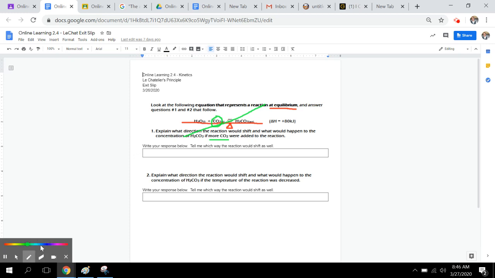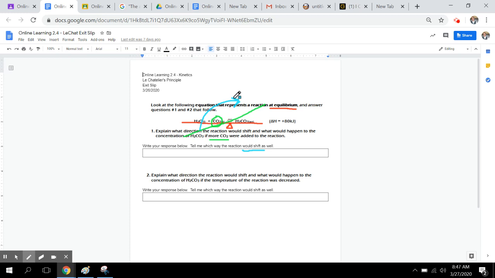So now the question becomes, which direction will it shift? It says, tell me which way it would shift, and I always recommend that's how you start your answer. Which way will it shift after you add the thing or you remove the substance? And then think about answering the second part of the question. But first, you have to tell me which way it would shift. Well, if the left side over here is lower and the right side is sticking up in the air, this would have to shift to the right.